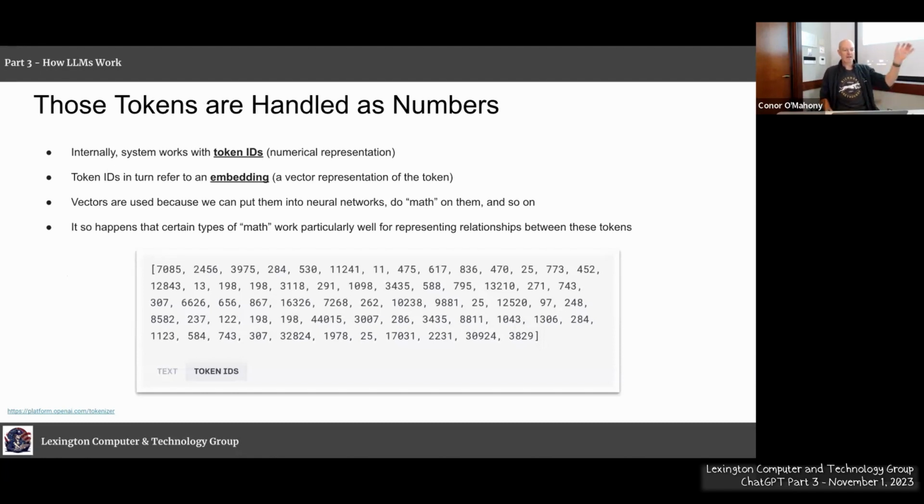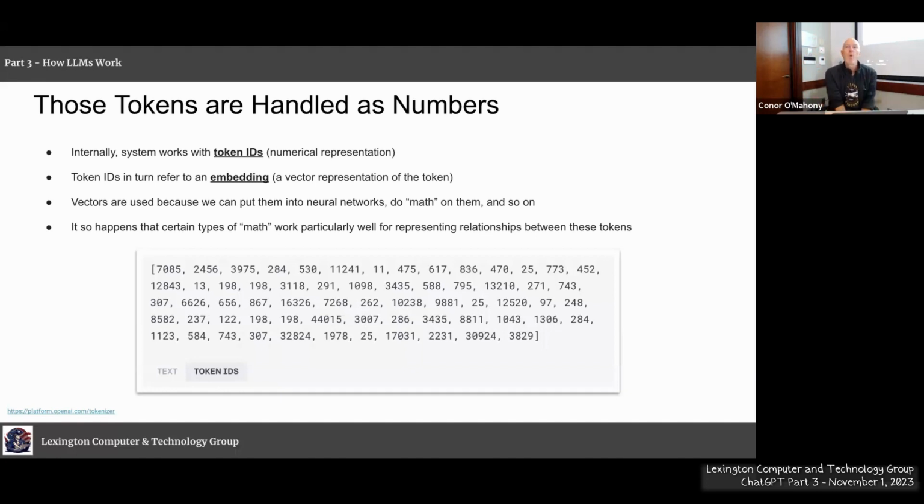So we've got a token identifier. You could just think of it as an index into a big long list of embeddings, each of which represents a token. And these embeddings are actually big vectors that represent that word, represent the meaning of that word.